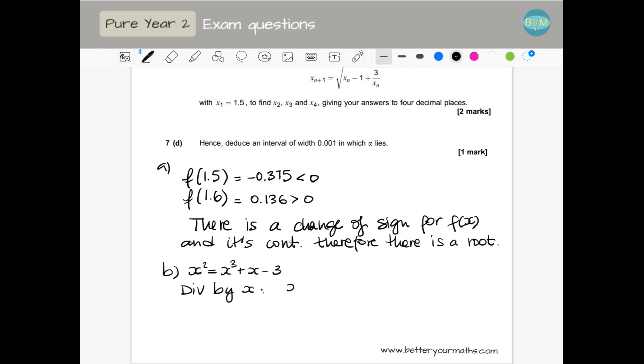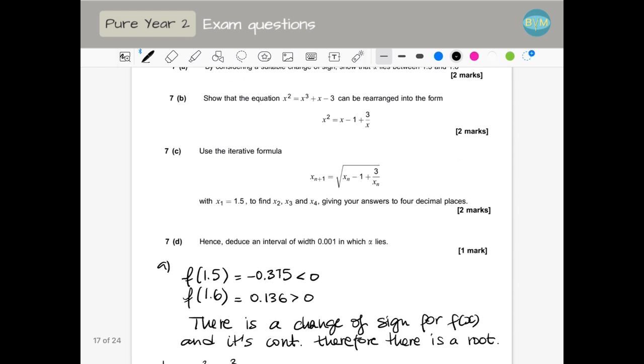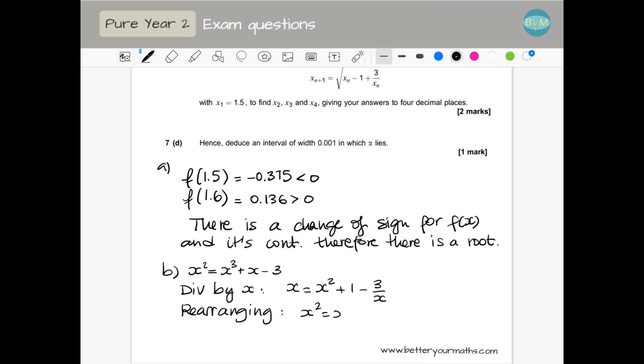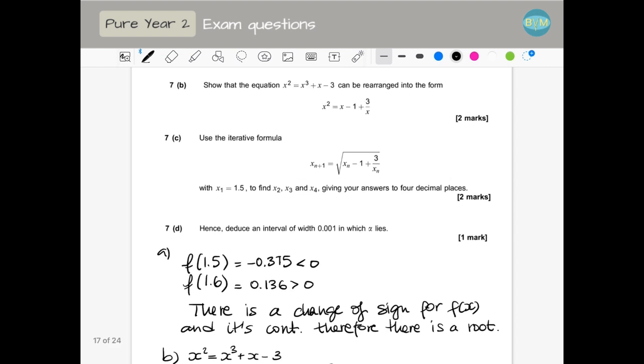I have x is x squared plus 1 minus 3 divided by x, and rearranging, x squared is x minus 1 plus 3 over x, which is what I have here.